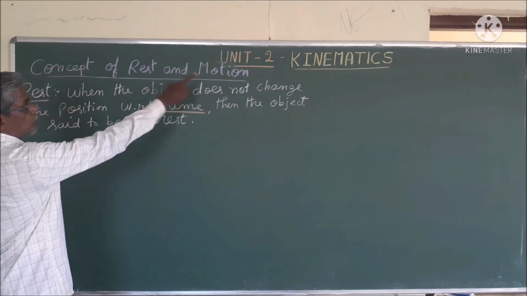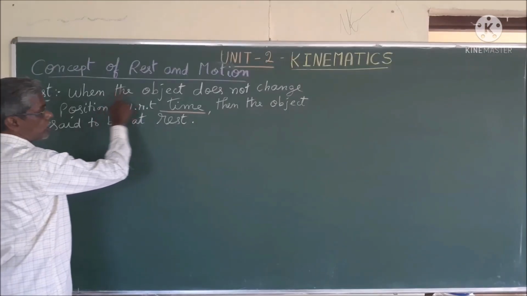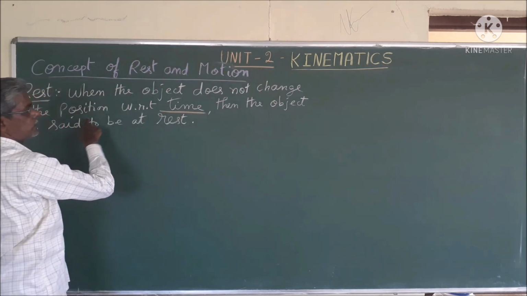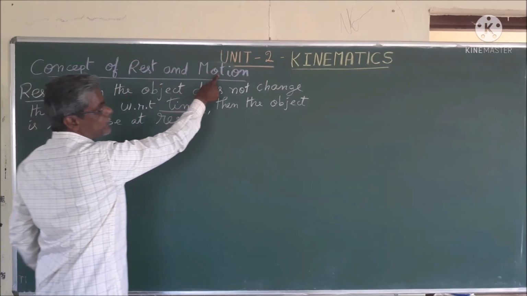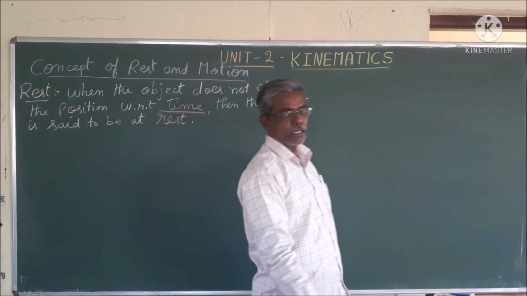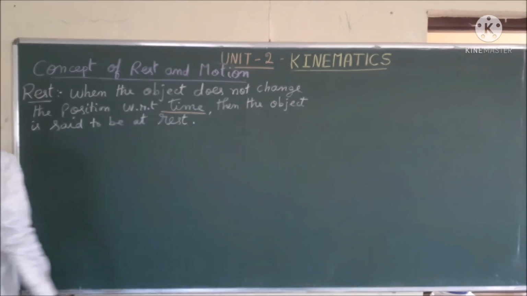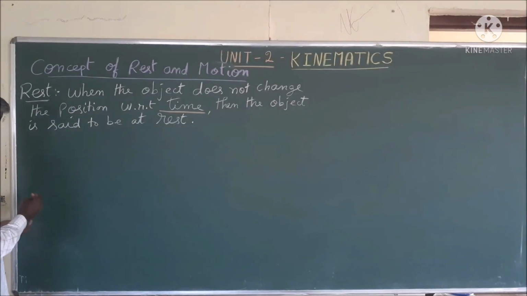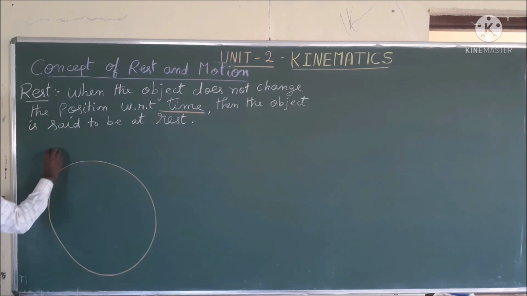So, I can define motion: when the object changes its position with respect to time, the object is said to be in motion. Clear? Now, we will go to the concept of rest and motion. Let us consider this one is a jet.